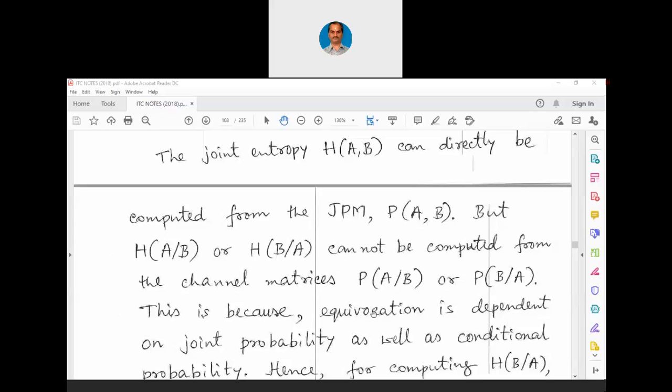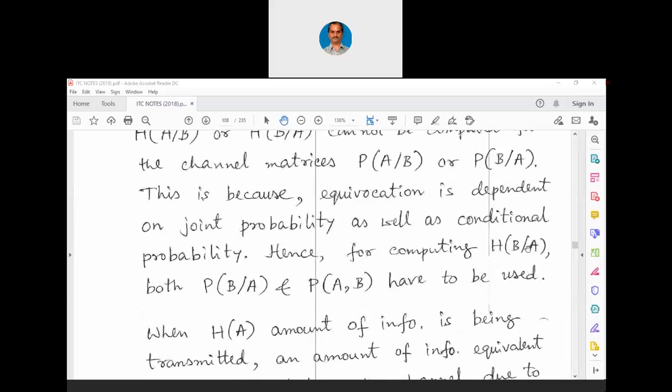This is because equivocation is dependent on joint probability as well as conditional probability. In the channel matrix, also called the noise matrix, it is only the conditional probability that is available and the joint probability is not available. So for computing the equivocation, we have to have the joint probability matrix.